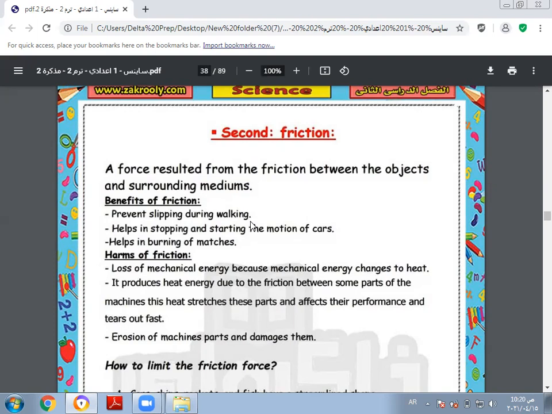A give reason question may come: once you use the brakes of a moving bike, its speed decreases gradually until it stops, because the friction between the tire of the bike and the brakes generates a friction force against the motion of the bike, which leads to resist it.